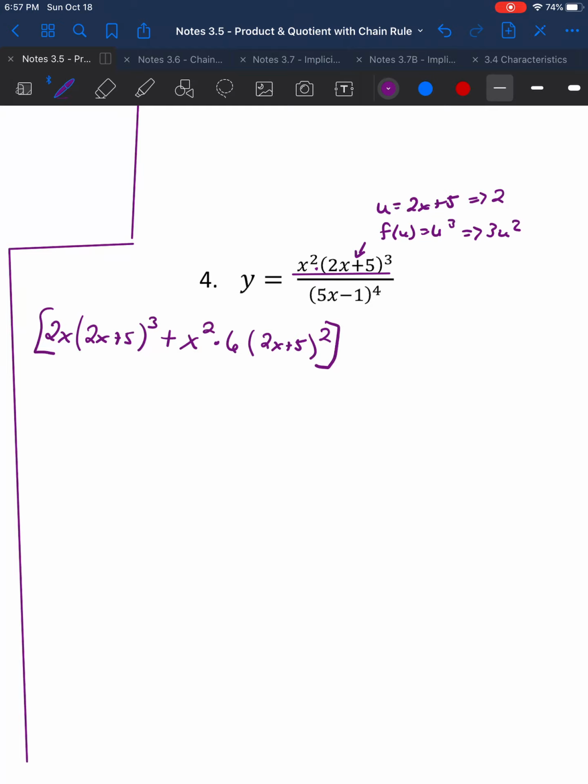Take their individual derivatives. Okay, so then I'm going to have this times 6u squared, and u was 2x plus 5.